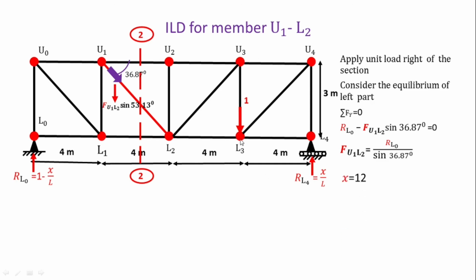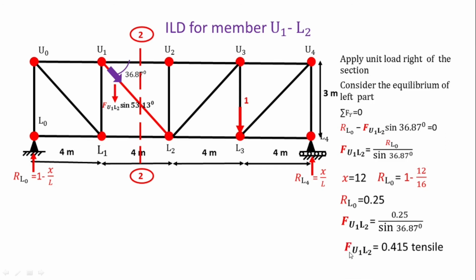Now here the location of L3 is x equal to 12, that is 4 plus 4 plus 4, 12. What is the value of RL0? That is equal to 1 minus x, that is 12, divided by 16. So RL0 is equal to 0.25. So F U1 L2 is equal to 0.25 divided by sin 36.87.